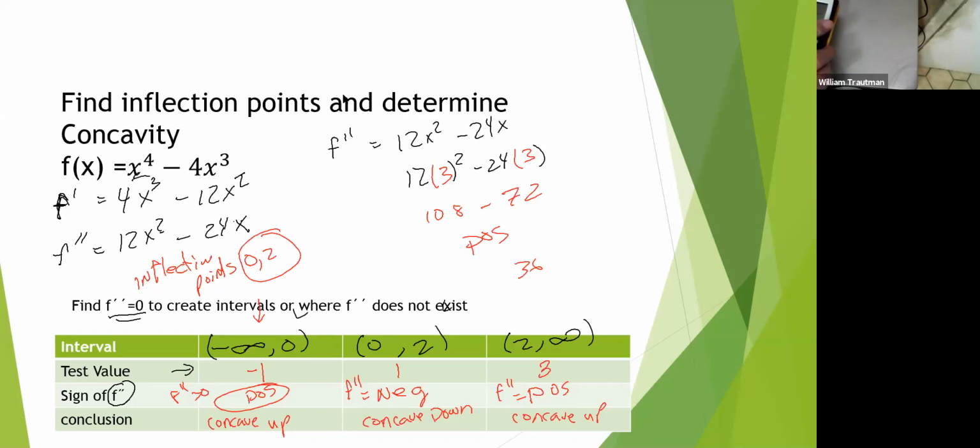So if you look at this graph, this is the graph we're looking at. Do you see between negative infinity and 0? Oh, sorry, you can't see the graph. Between negative infinity and 0, do you see how this graph is concave up? Maybe I can actually draw it here.